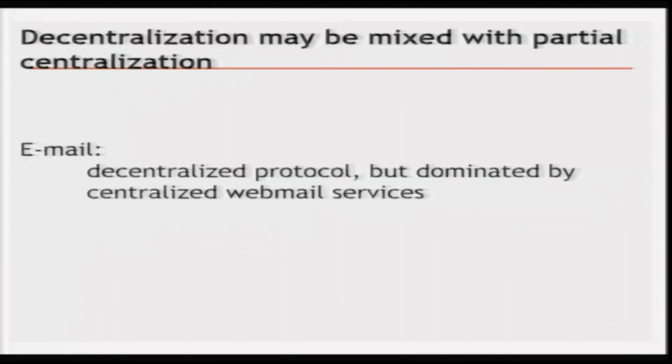Now, sometimes it is not a black and white thing. We may have decentralization, but we may also have partial decentralization or partial centralization. For example, in the email system, the SMTP protocol is a completely decentralized protocol. We can have SMTP servers, and the email clients that we use are SMTP clients. We have many SMTP servers who talk to each other.